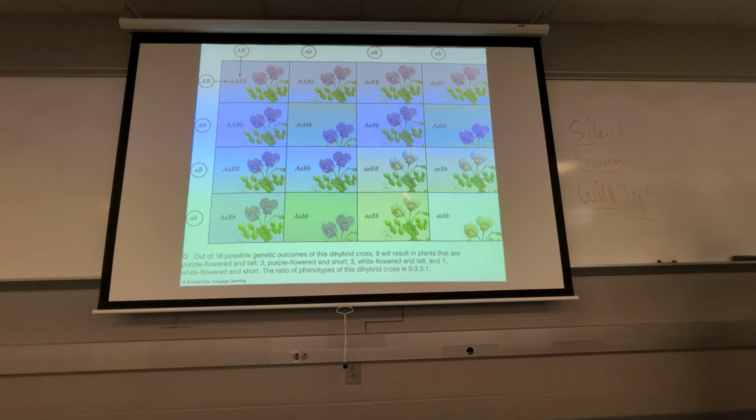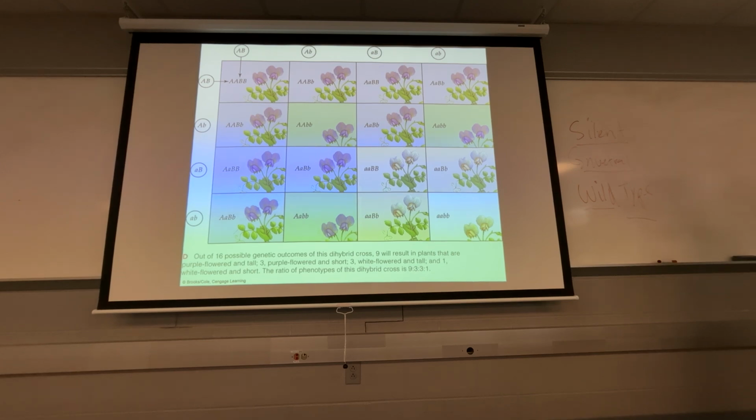Now the 3 and 3 are dominant for one trait, recessive for the other. So notice the first one is dominant for purple color, and then recessive, it's short. It's purple and short. This one here is white and tall, right? You see that? It's recessive for the first character and dominant for the second. Then you get just one that's completely recessive, so it would be white and short.